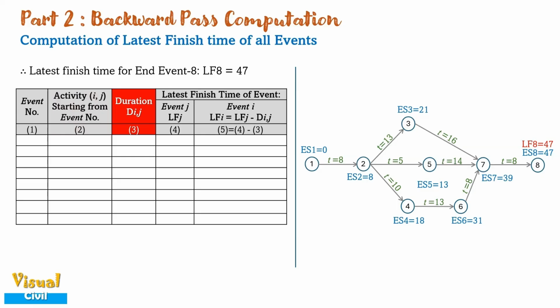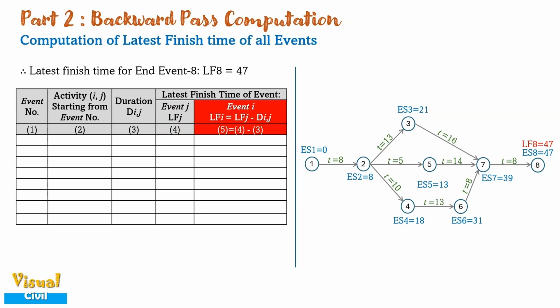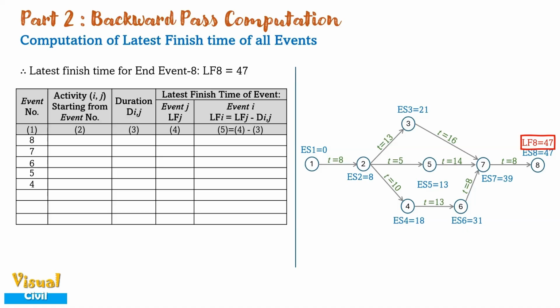Column 4 shows the latest finish time of an end event j for an activity ij. And column 5 shows the computation of latest finish time of start event i for an activity ij. To start the computation, enlist all the event numbers of network from event 8 to 1 in descending order in column number 1.